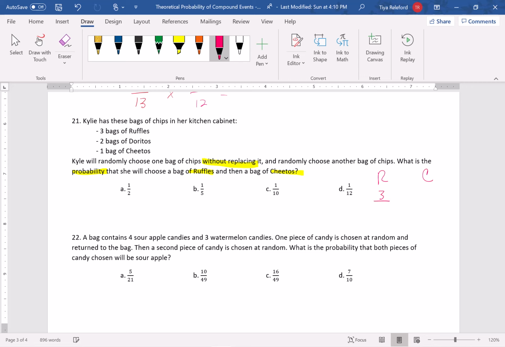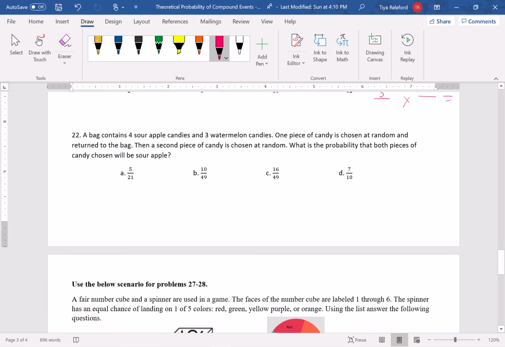So 3 Ruffles out of 6 total. Now she doesn't replace it, so we take the Ruffles out. Now we need Cheetos. How many Cheetos are there? 1 out of how many? 5. And then you're going to multiply top times top, bottom times bottom.